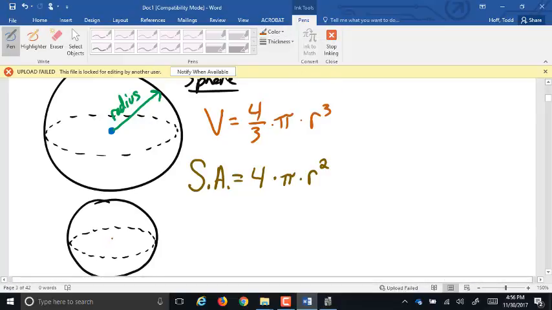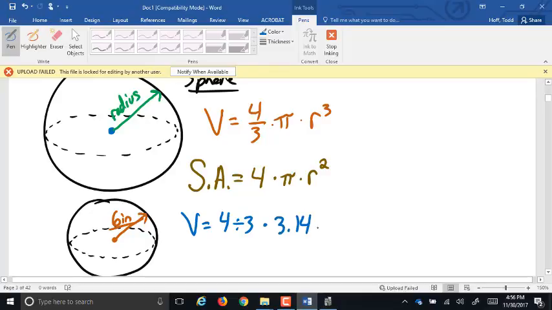So let's say we have a sphere with a radius of 6 inches. The volume, now it's easier to write this in the calculator if you do 4 divided by 3 for 4/3.